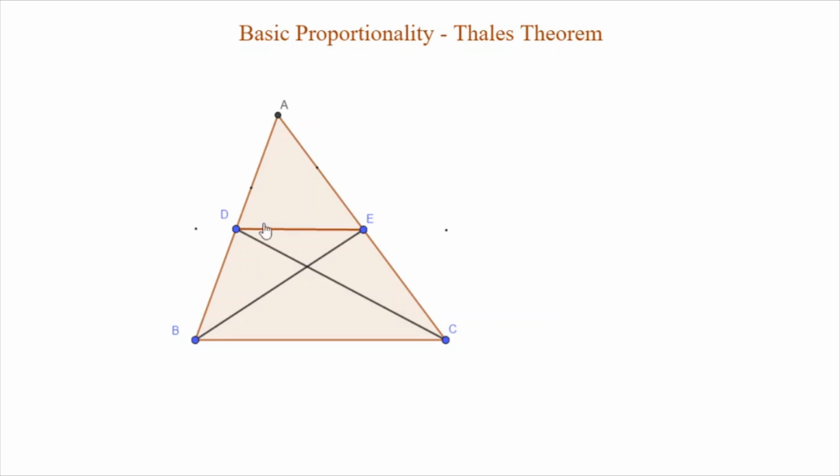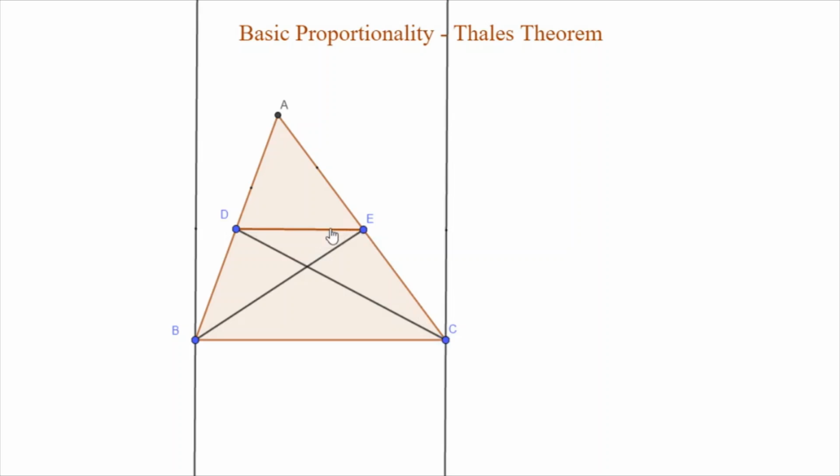So the height for DE will be a perpendicular from DE to B. So now it should be from here, B, a perpendicular to DE. It would be something like this. And similarly, the perpendicular at C for CDE with DE as the base, the height would be a perpendicular at C with respect to DE.